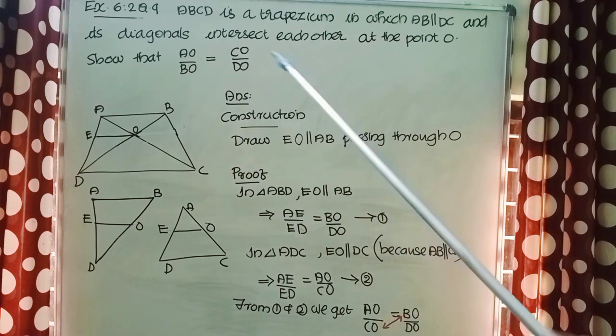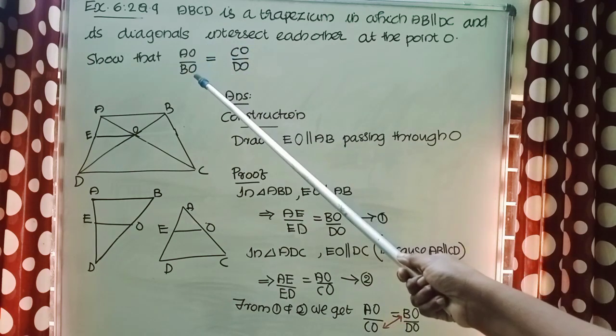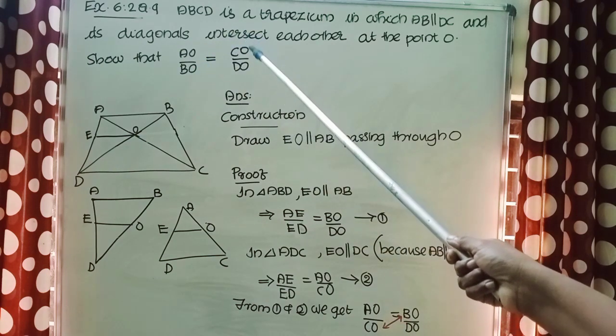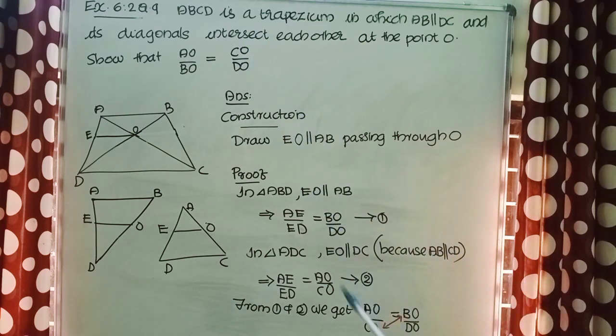Now we need to prove AO by BO equal to CO by DO. So let us interchange this CO and BO. We get AO by BO equal to CO by DO. We can interchange only CO and BO, otherwise AO and DO.